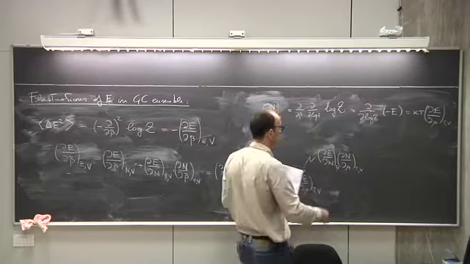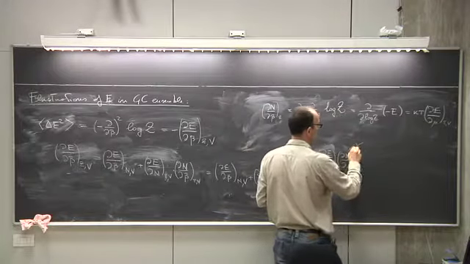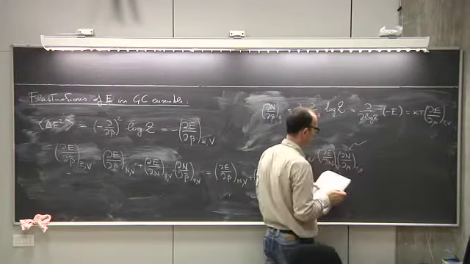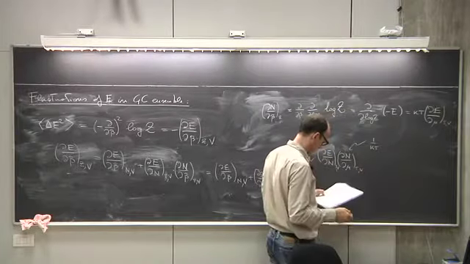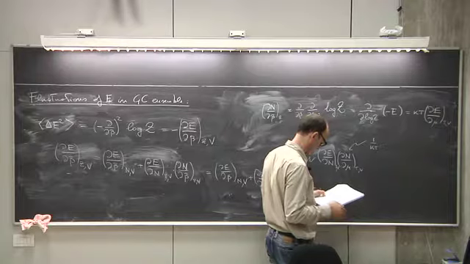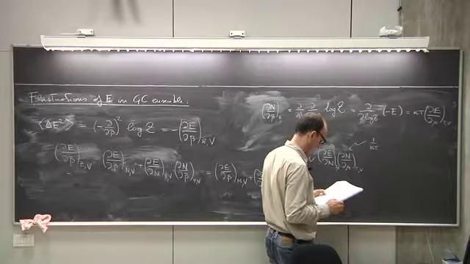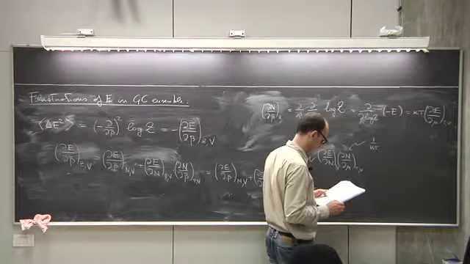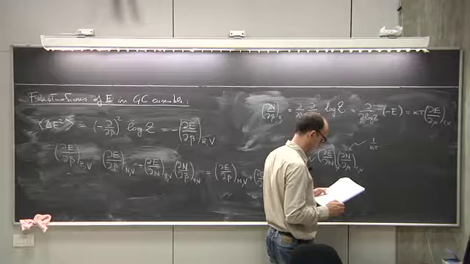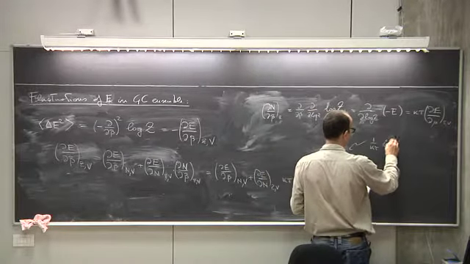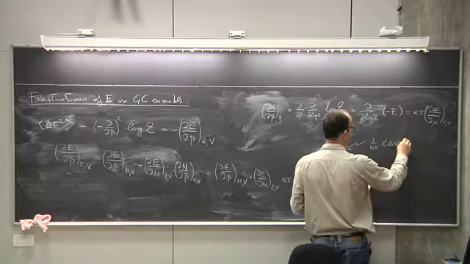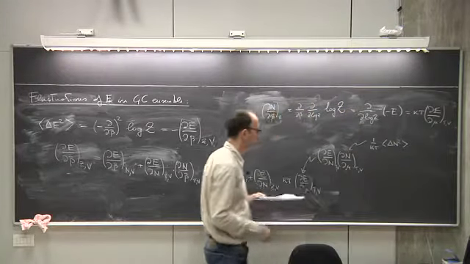So dN/dμ is 1 over kT times the fluctuation in the number of particles. Okay.